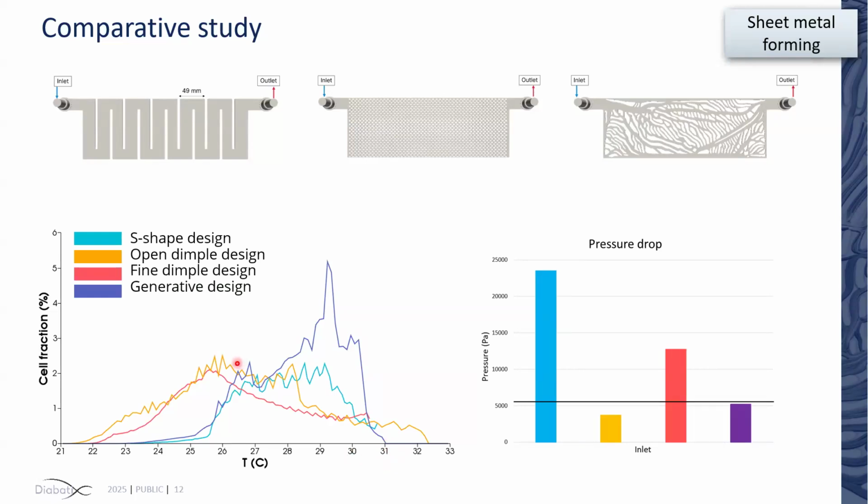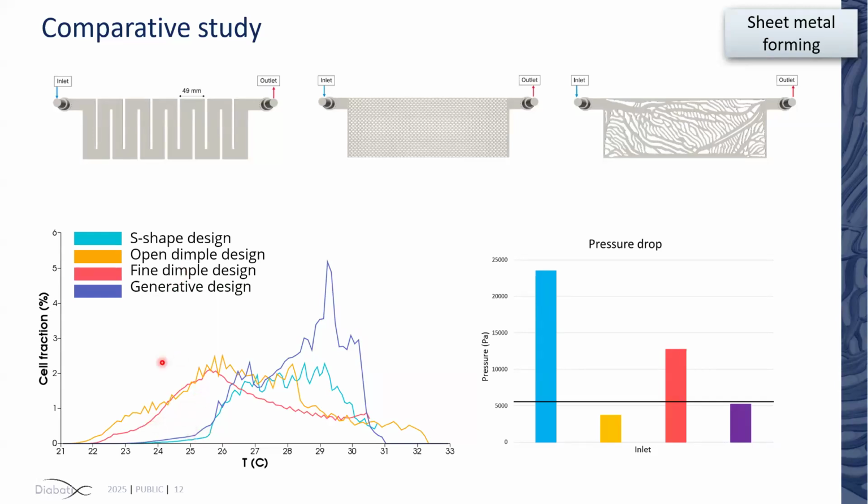We can also see that the range of these points within this delta T space is very much constrained when it comes to generative design. By means of that, the spread, or thermal uniformity, which was the objective we applied for generating this design, has also worked extremely well in comparison to the other designs.